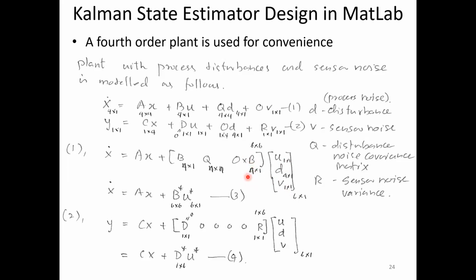So you just can't say 0 because these are matrices. So it has a structure, dimension. So if it is 0, you have to fill the dimension of that array or matrix with all zeros. That's why you write it this way. Then you can define this whole matrix here as B star and this whole column here as U star.